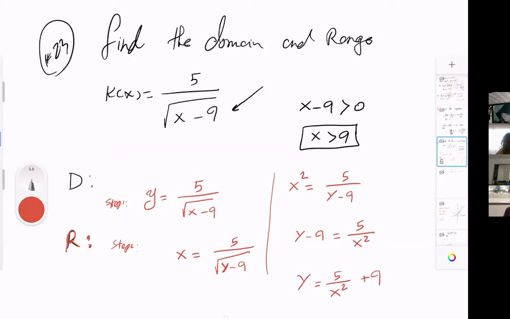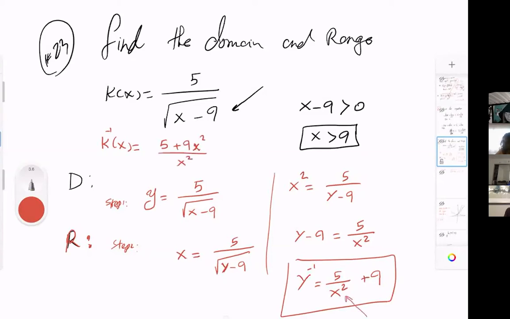So we solve for y, this will be the inverse. So k inverse of x will be 5 plus 9x squared over x squared, if you find the common denominator.